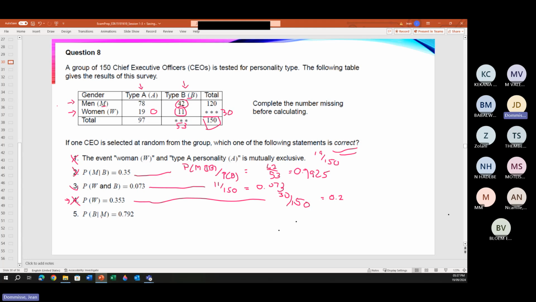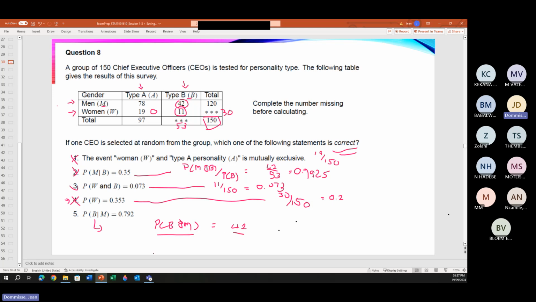And then the last option, probability B given M. So it's still probability of B and M, which is still 42. So it doesn't matter how you look at it. If you look at it M and B, it's 42. If you look at it B, M, it's also 42.